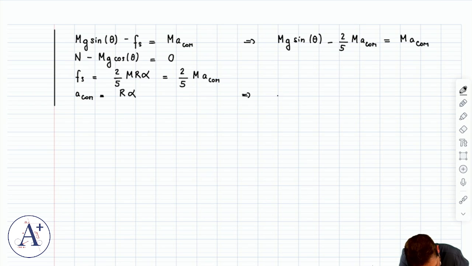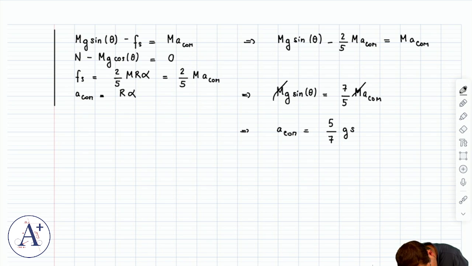Okay, so then mg sine theta is equal to, well, 2/5 plus 1 is actually 7/5 of m A center of mass. Cancel the m's, and I get A center of mass is 5/7 g sine theta.